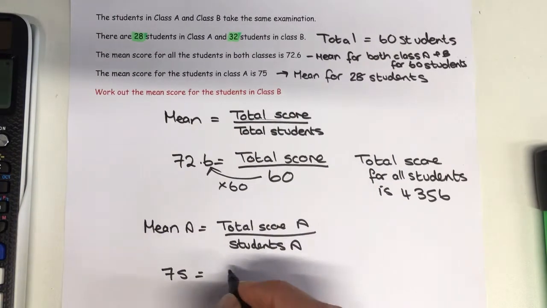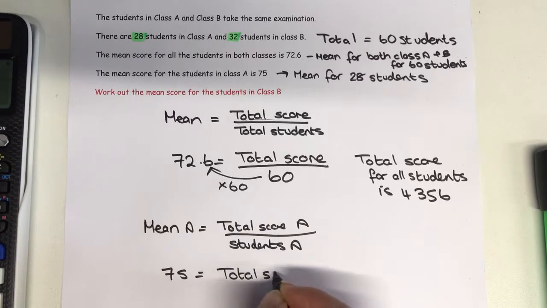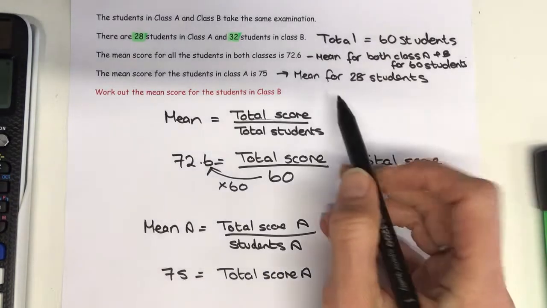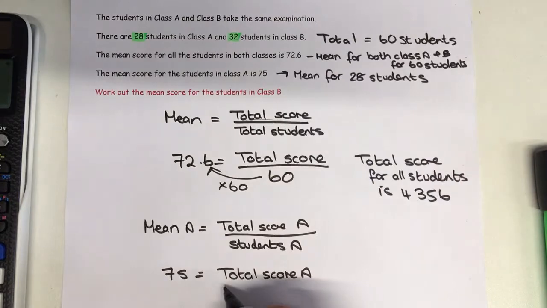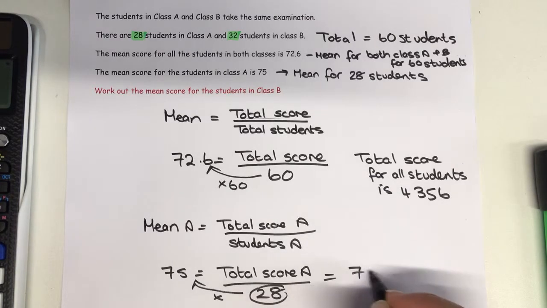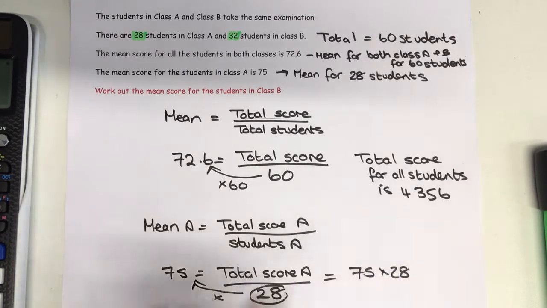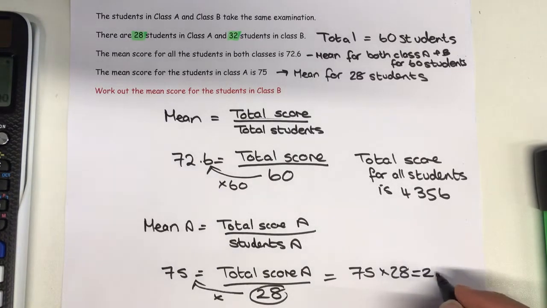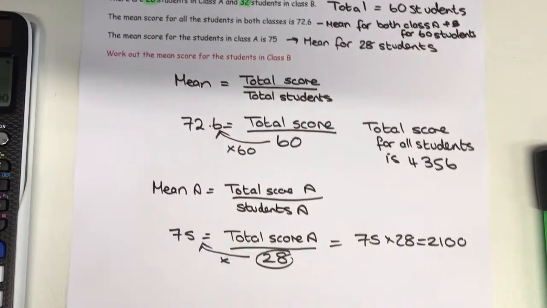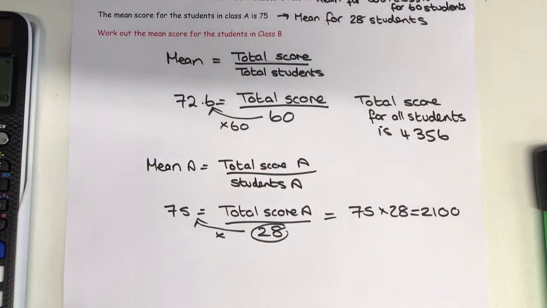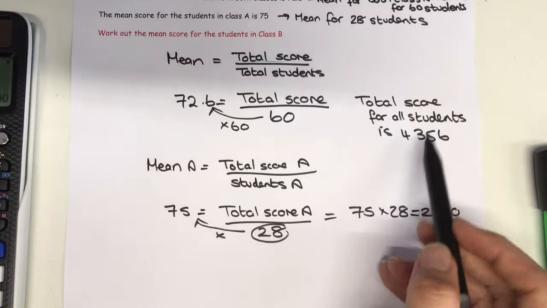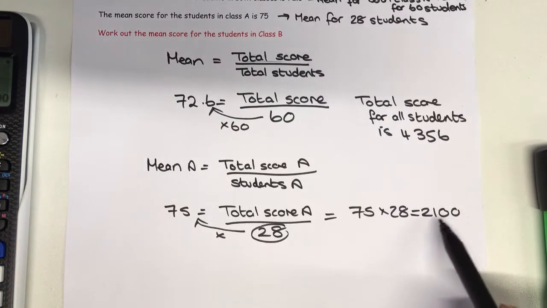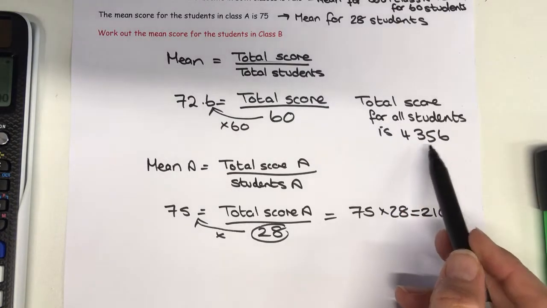And we don't know the total score, that's what we're trying to figure out. But we do know there are 28 students in A. And again, if we multiply that across, so 75 times 28, we get a total score of 2,100.